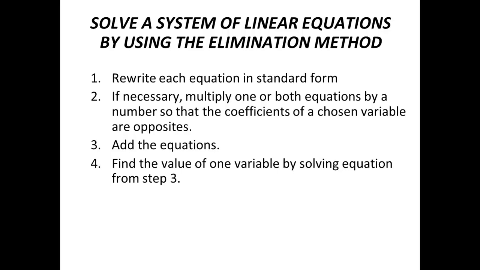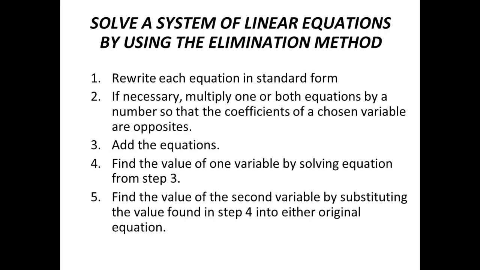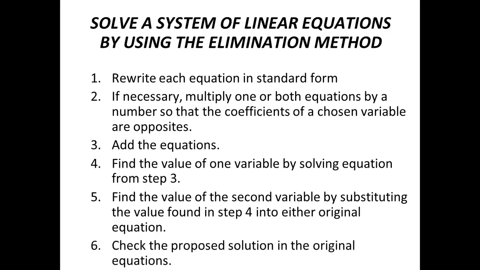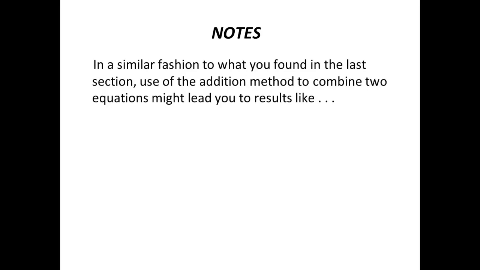Find the value of one of the variables by solving the equation. Find the second value by substituting the value from step 4 into the other linear equation. Then you should always be in the habit of checking the solution to make sure that it does in fact satisfy the system.